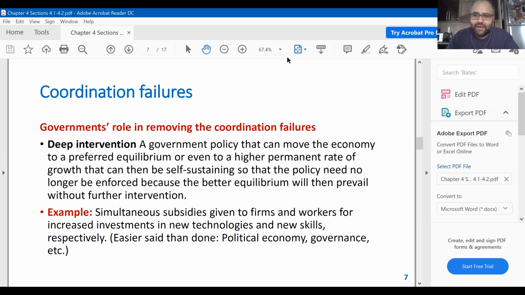So I could imagine that, all right, in the 21st century, artificial intelligence will be a huge technological issue. It will be increasing firm productivities and worker productivities in many different sectors. So it's like a general purpose technology.